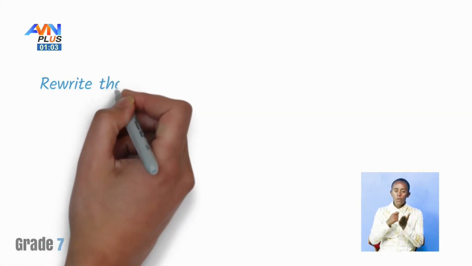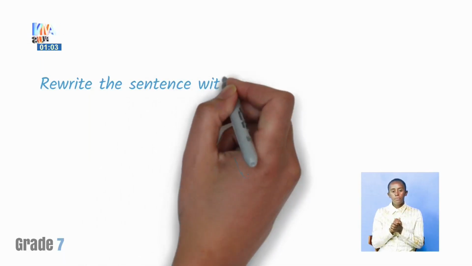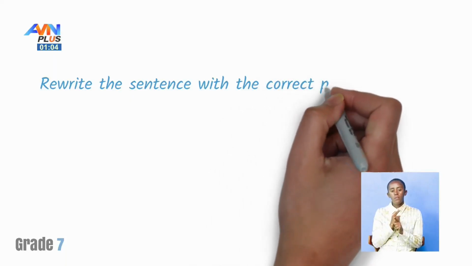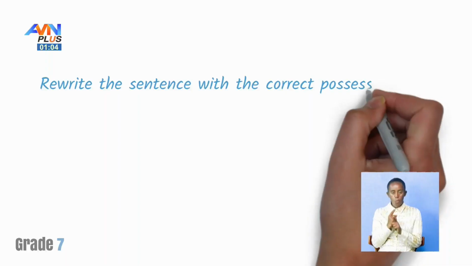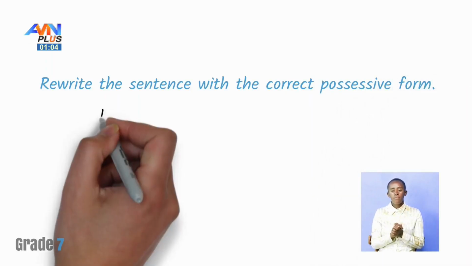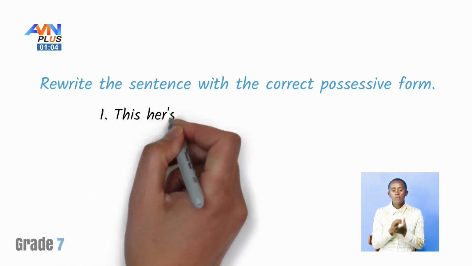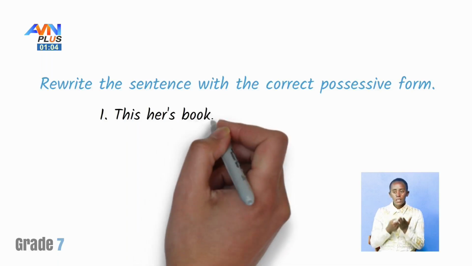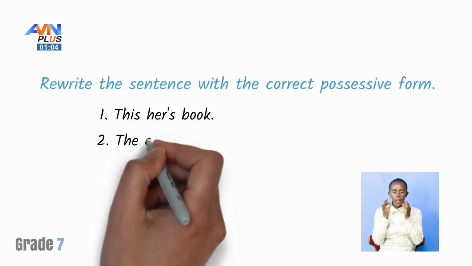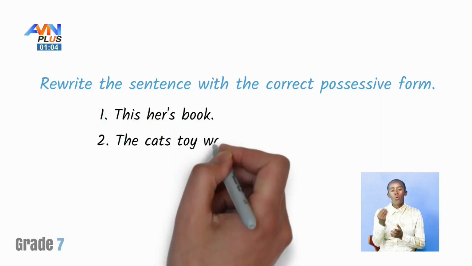Rewrite the sentences with the correct possessive form. The first one, this is her book. The cat's toy was lost.